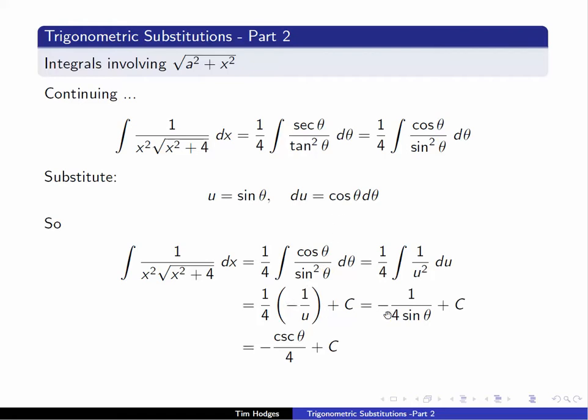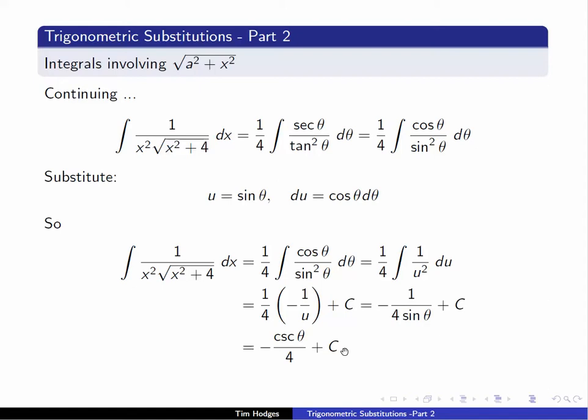So that gives us a final answer of, when we substitute back for sine theta in for u, we get minus 1 over 4 sine theta plus c. And finally, we can rewrite that as minus cosecant theta over 4 plus c.